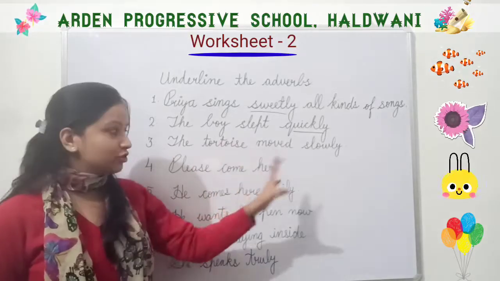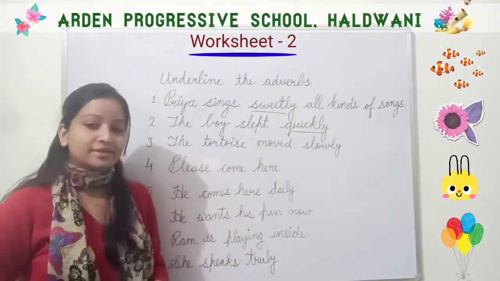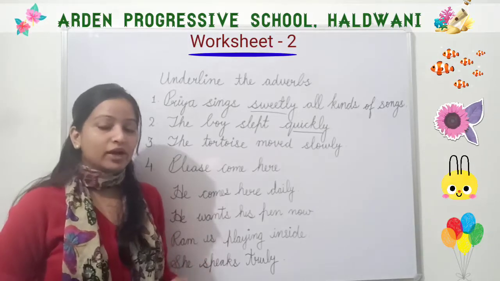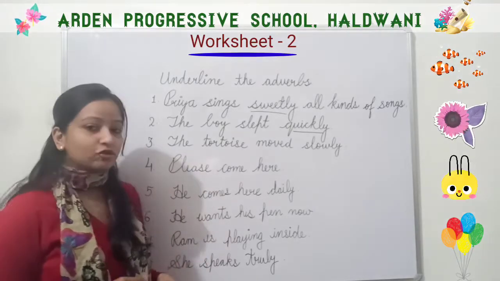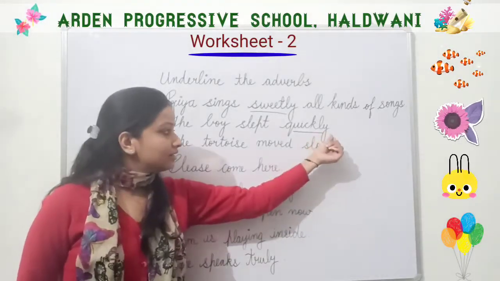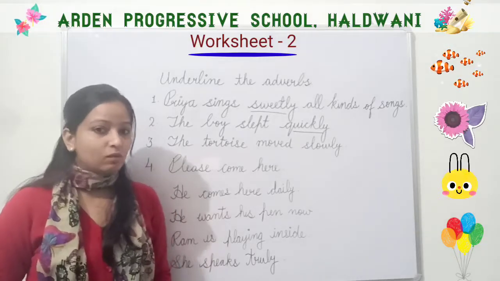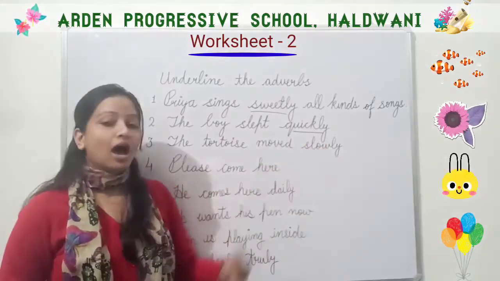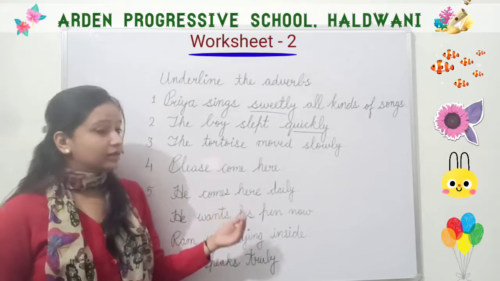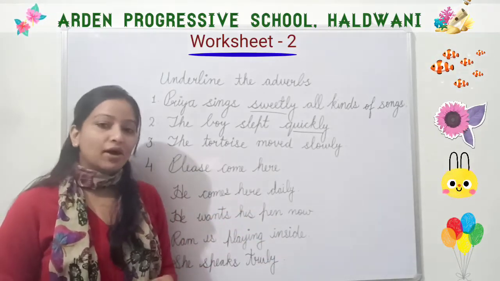You can form a question also. The boy slept quickly. So how can you make the question? You have to use how, because we know that here ly is given, and adverbs of manner end in ly. How did the boy sleep?